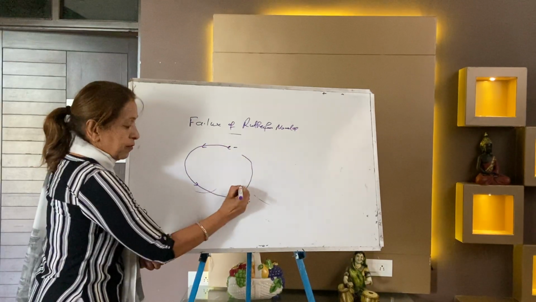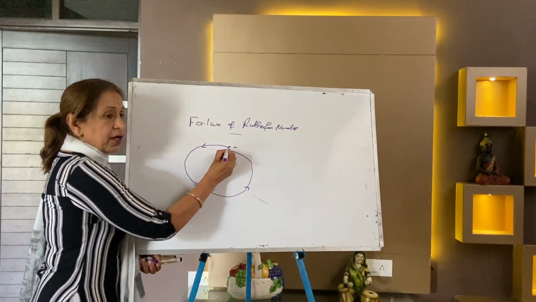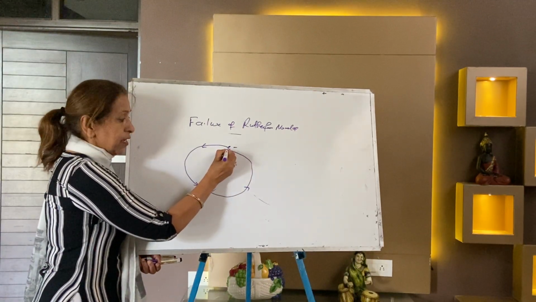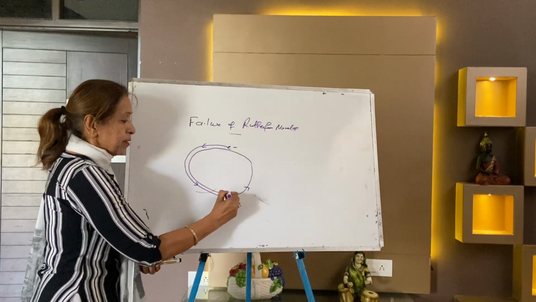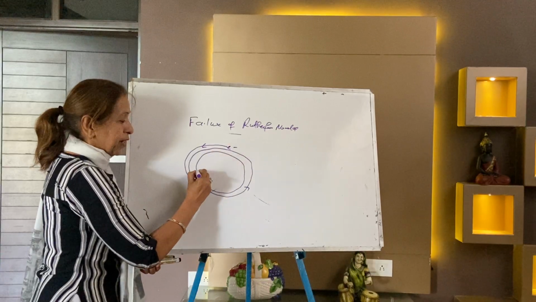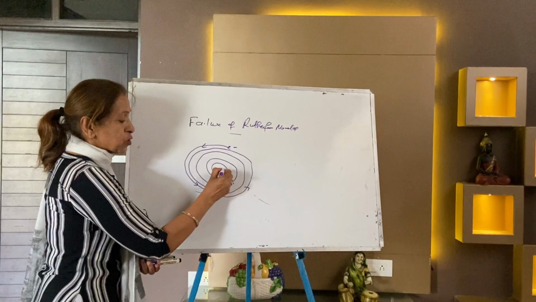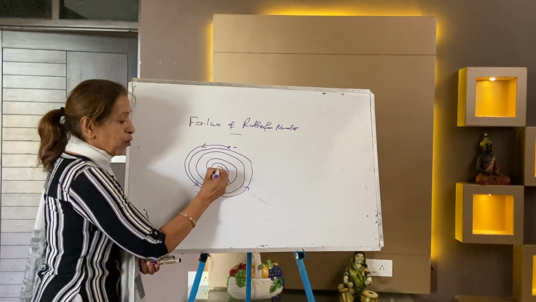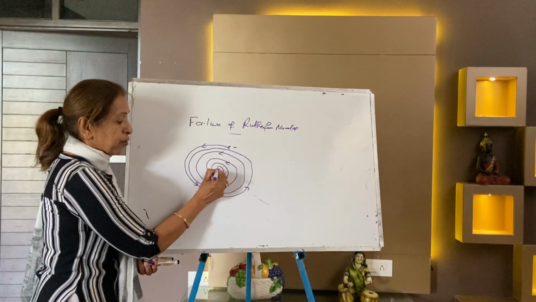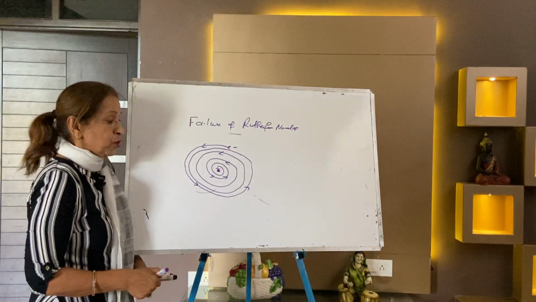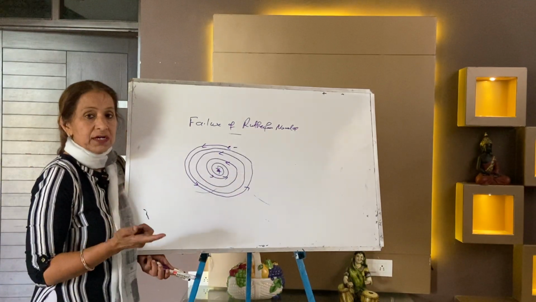During that, the energy goes on being lost continuously in the form of electromagnetic radiation, and the orbit becomes smaller and smaller. It is a spiral path, and by falling along the spiral path the electron will fall into the nucleus.